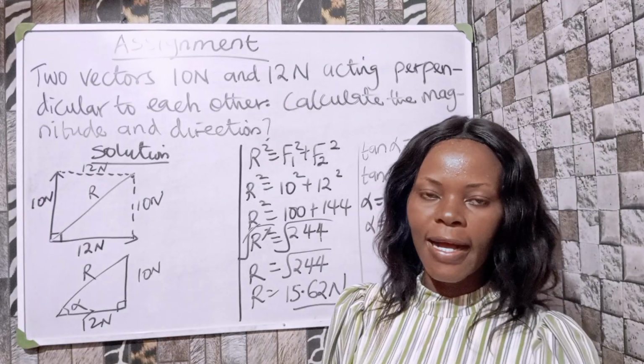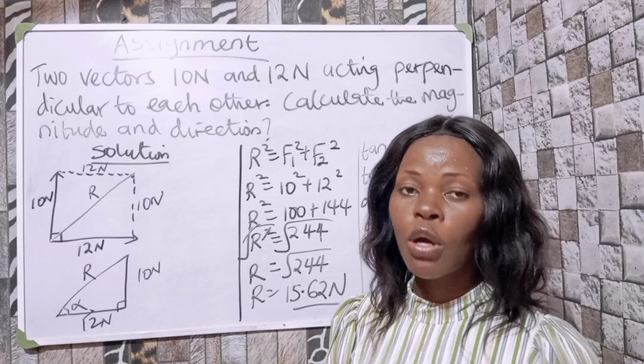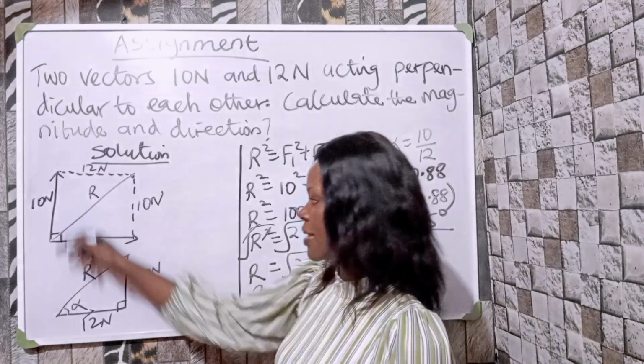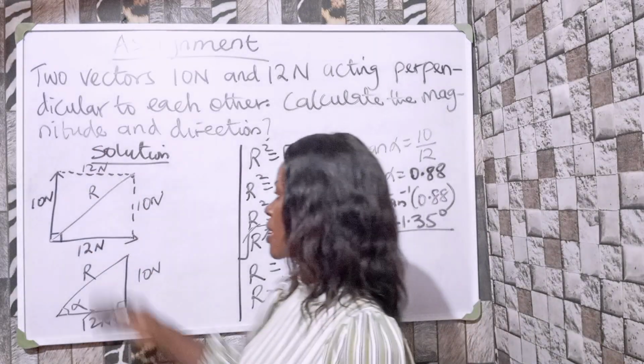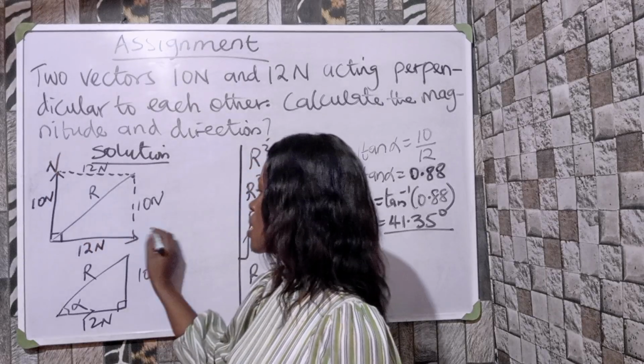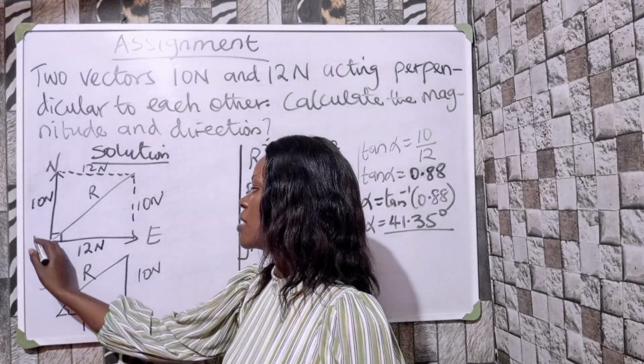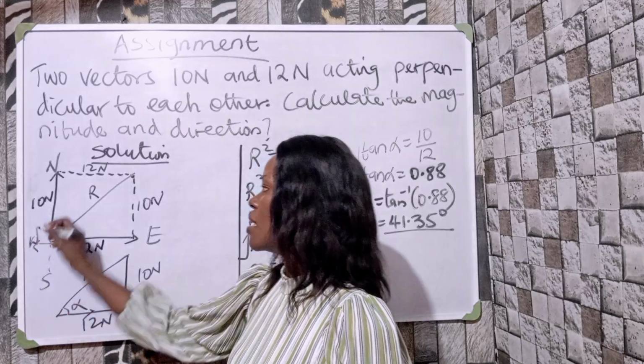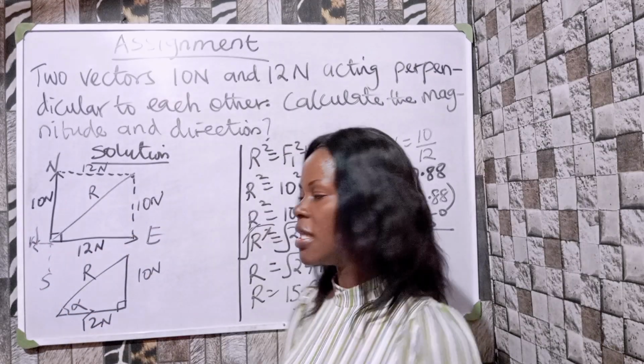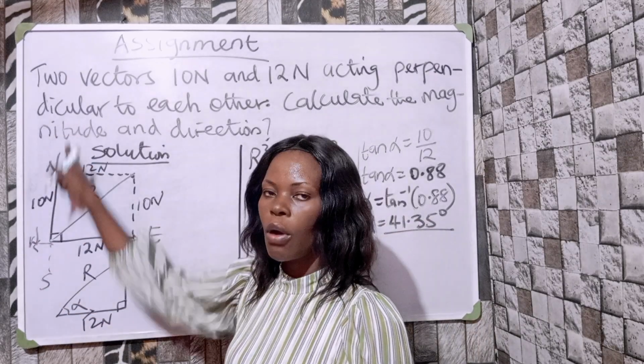But I told you earlier that true direction must be taken from the vertical. What am I trying to say? This is north, this is east, this is south and this is west. If you want to take true direction, you take it up or down.